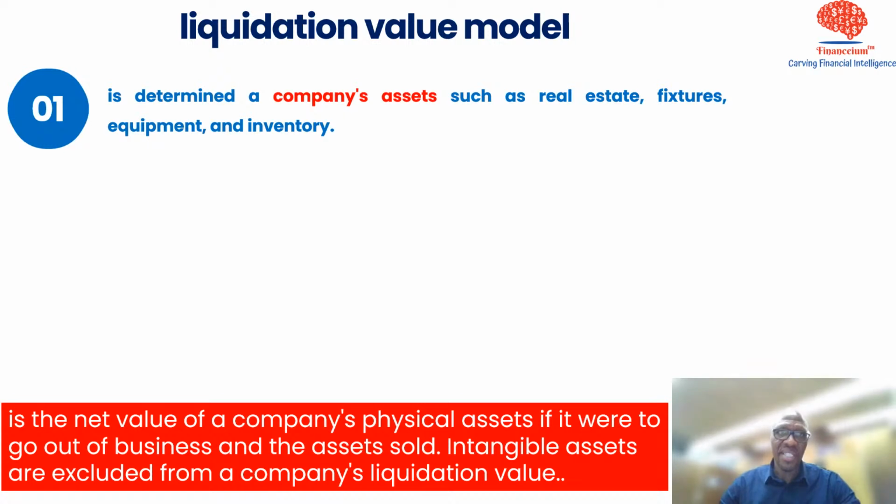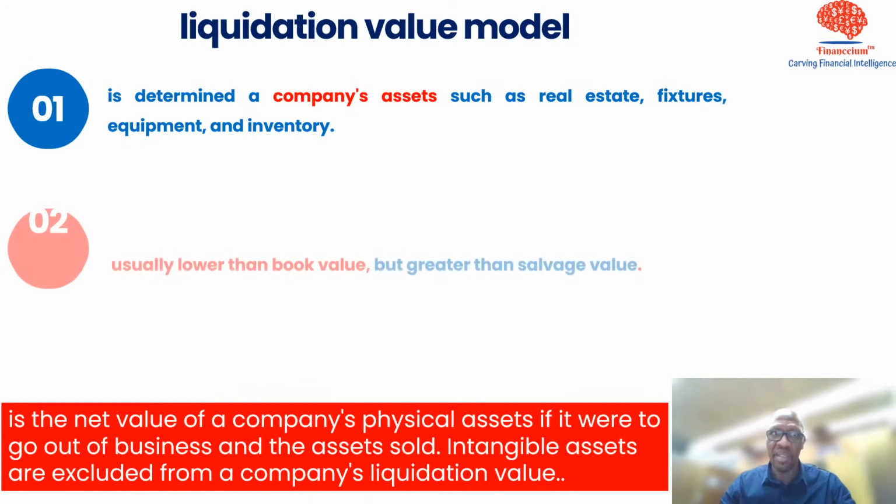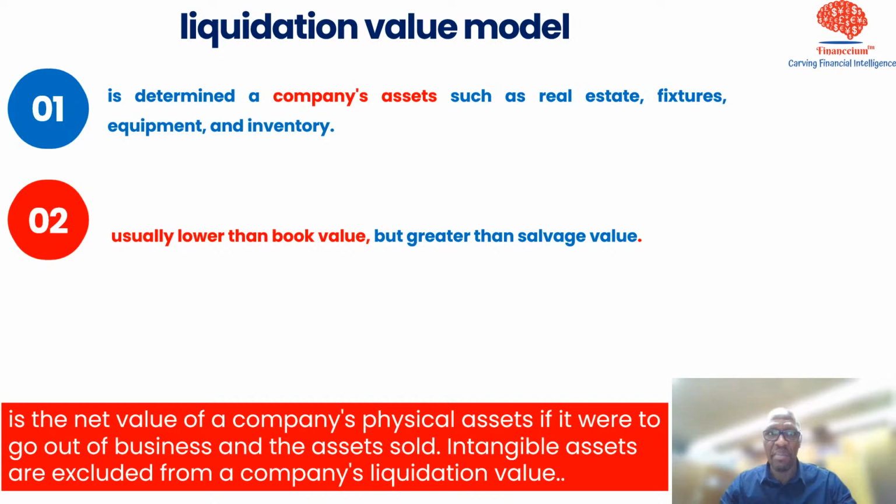Three key things to understand here. As I've already said, it's determined by the company's real assets: fixtures, equipment, inventory, because these are the things you want to liquidate, bring to cash, as quickly as possible and pay off your liabilities. The key thing is that this is usually lower than your book value, and it is created on a salvage value.